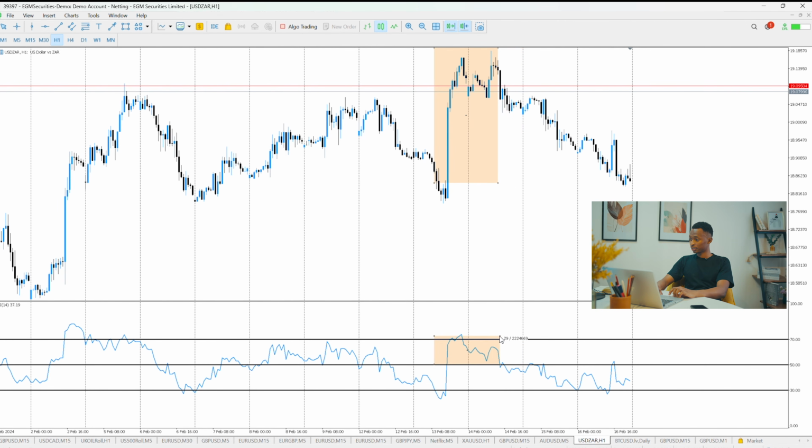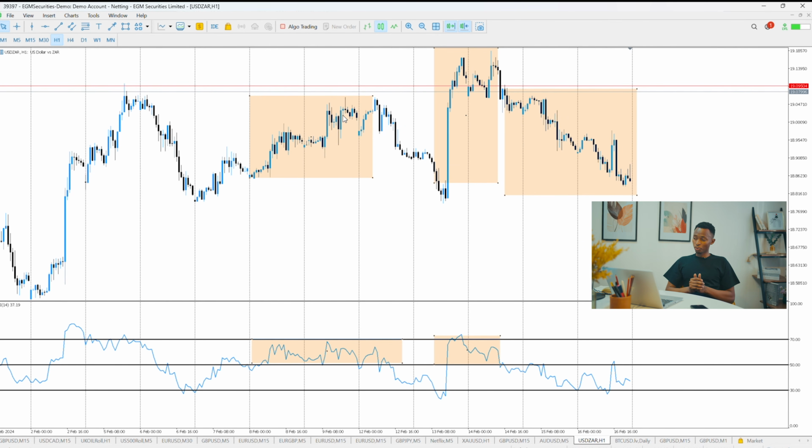So you can see this area coincides with this area, and immediately the RSI fell below the 50 level, then we can start defining our chart as having been in a downtrend. Very straightforward, yeah? Another good example is over here, where we had RSI being above the 50 level, and if you look at the charts over here, sort of the same thing. We have that where the RSI coincides with an uptrend in the chart.